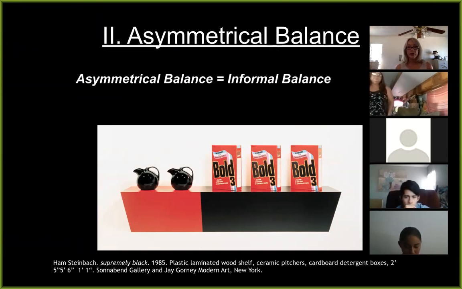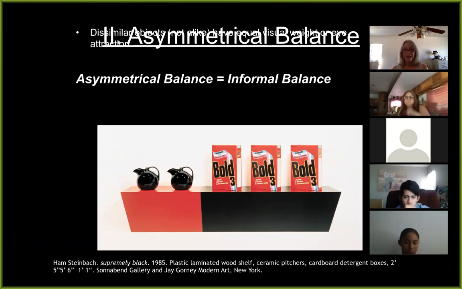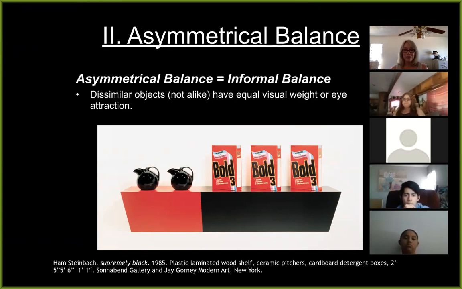This is also known a lot of times as informal balance. It is much harder to achieve for the artist. And it's funny because it looks really casual, but it's a little more of an effort to create. And you can define this by saying that dissimilar objects that are not the same can have a visual weight or eye attraction.